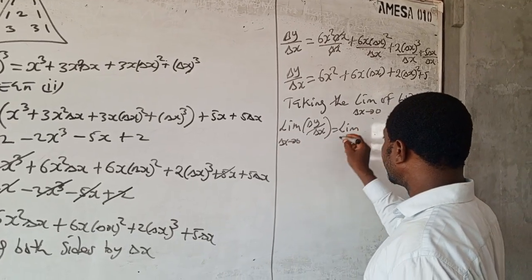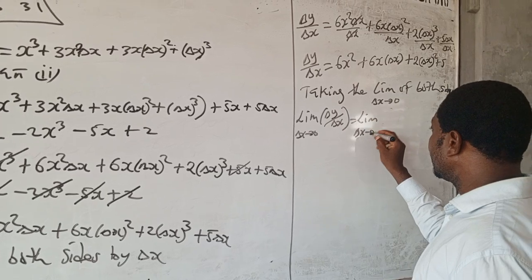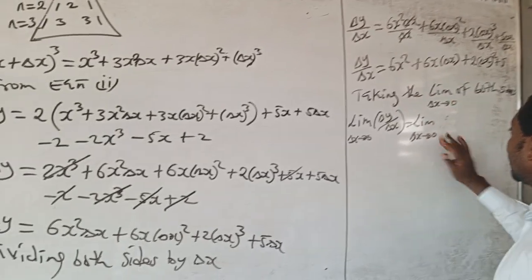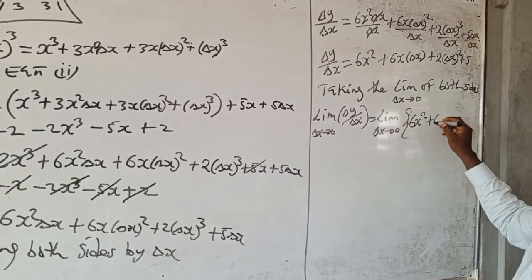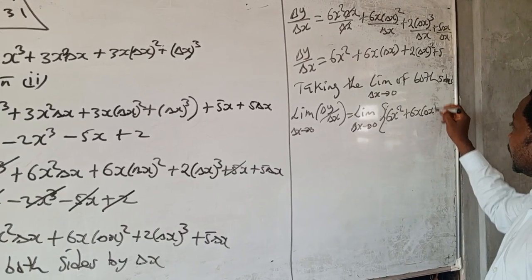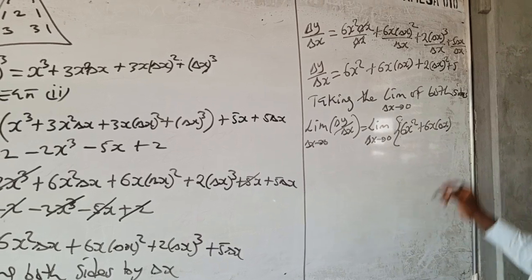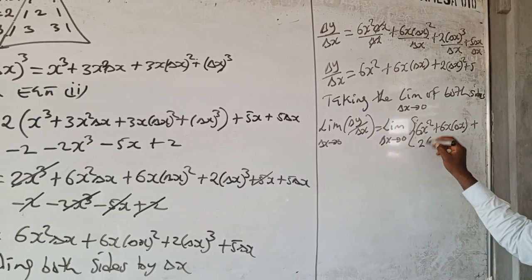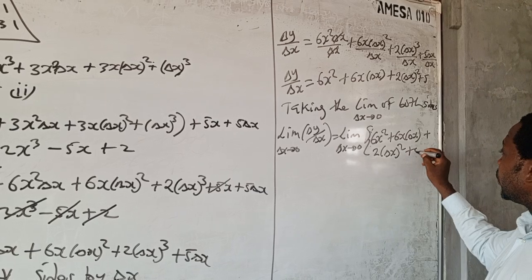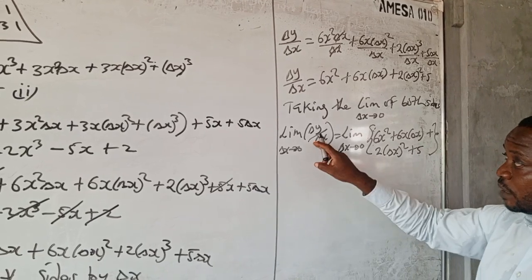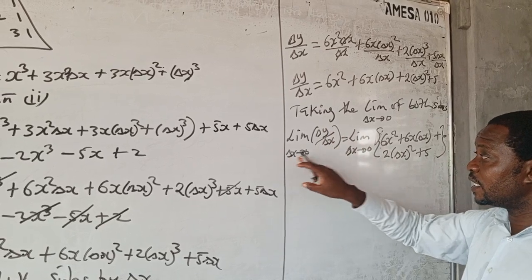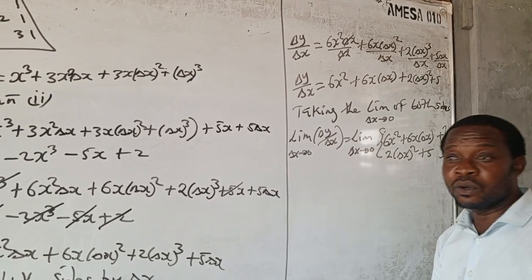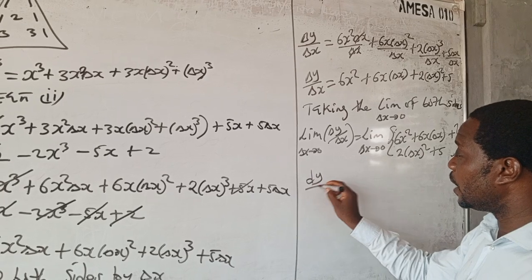So you take the limit as changing s tends to 0 of this side. So it's going to give us 6s squared plus 6s, then into changing s plus 2 changing s squared plus 5. Now whenever you take the limit of delta y over delta s as delta s tends to 0, your answer will be dy by ds.